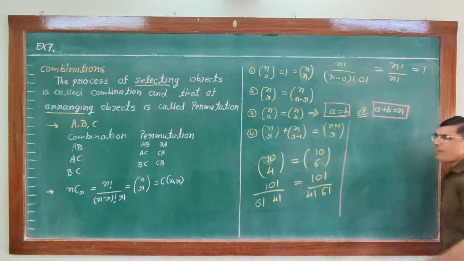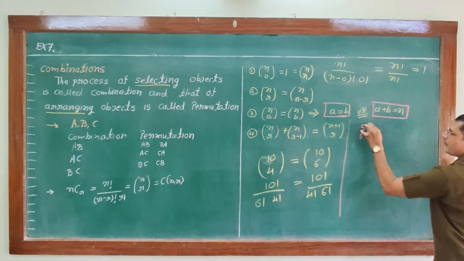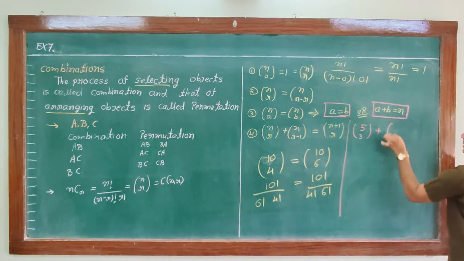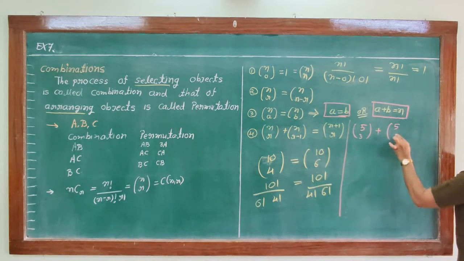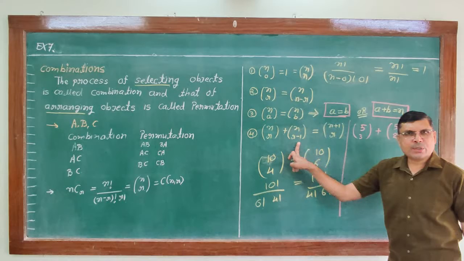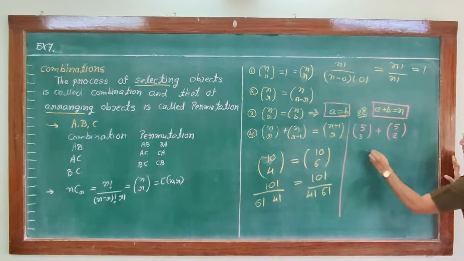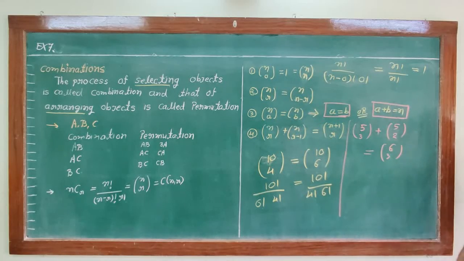If I give you an example, then say 5C3 plus 5C2. One less I am taking, if you observe. Then answer is 6C3.